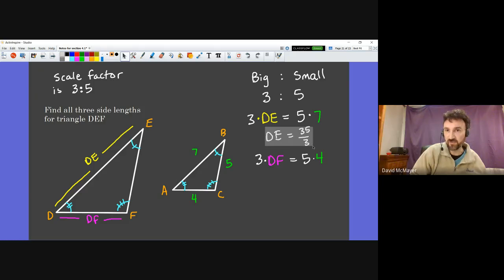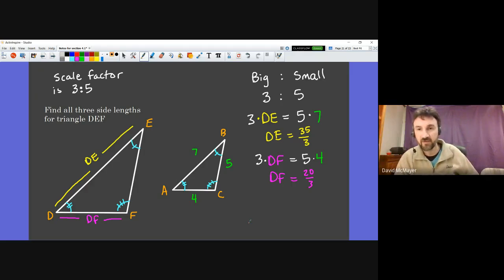So that means, with a little bit of quick algebra, DF is equal to 20 divided by 3. Oh, good grief. None of these are working out. By working out, I mean none of them are integers, but I'm comfortable with that. Are you okay with that? 20 divided by 3 is more than 6, but less than 7. It's actually 6.66666, or 6.7 if you want to round off.